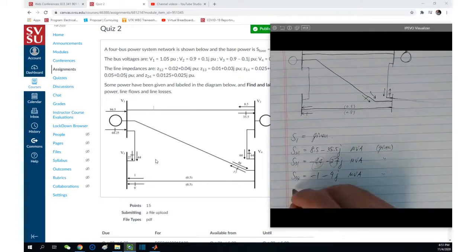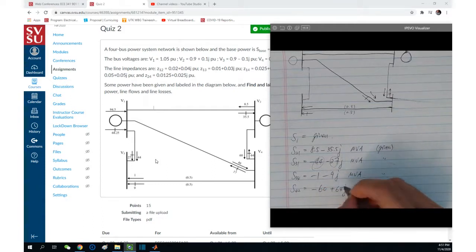What else? S42 is also given, right? S42 is negative 60 plus 64J MVA, and S41 is given, which is negative 46 plus 17J MVA.